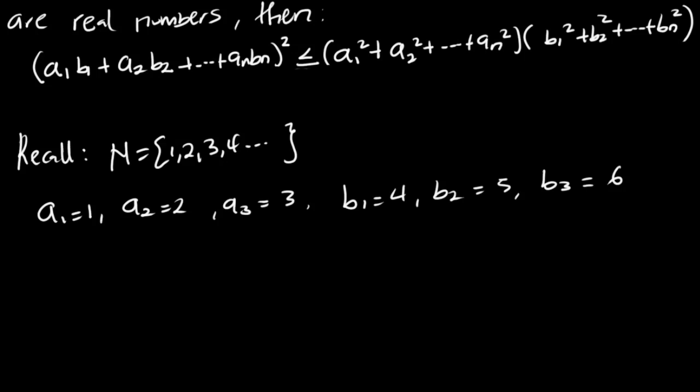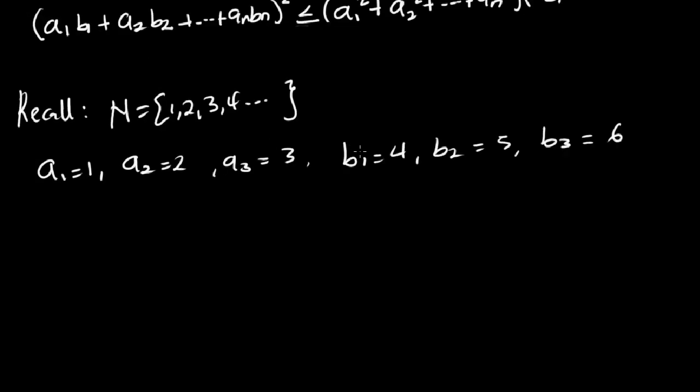So now substituting a1, a2, a3, b1, b2, b3 into the theorem, we're going to have a1, which is 1, multiplied by b1, which is 4, plus a2, which is 2, multiplied by b2, which is 5. And we also pick a3. So a3, which is 3, multiplied by b3, which is 6.